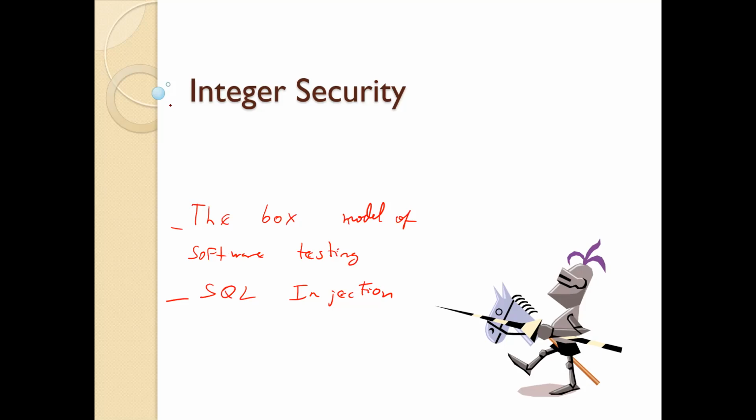And then finally, I'm actually going to start with this topic today, which is called integer security. So it basically has to do with checking numbers or types or ranges.